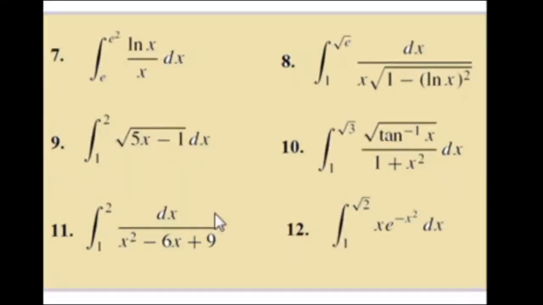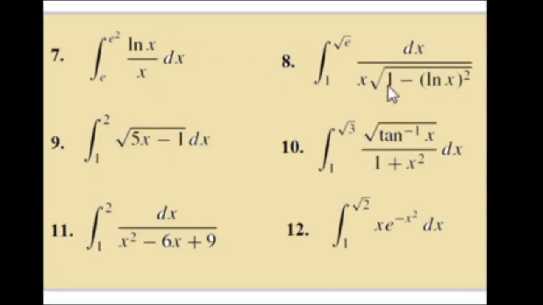In this slide we have another few problems, 6 problems. Just try to solve these problems. Suppose problem number 7, if you consider ln x equals another variable and differentiate and apply the limits, lower limit, upper limit, and you can solve this.